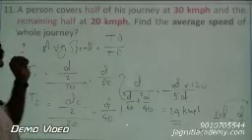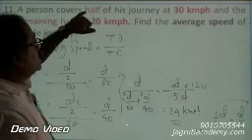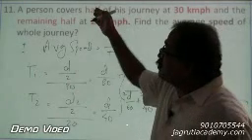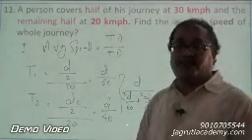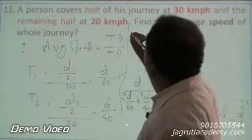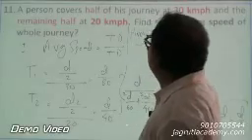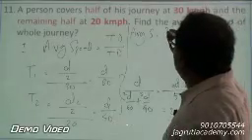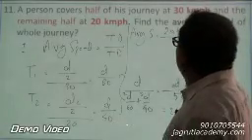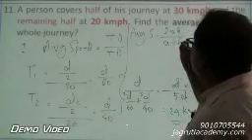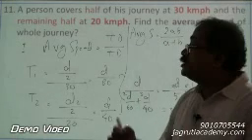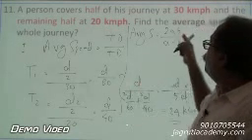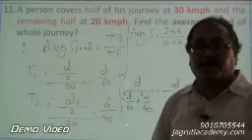But we can change the method when the distance is traveled in two equal parts with different speeds. The formula is average speed is equal to 2ab by a plus b, where a is the speed of the first part and b is the speed of the second part.